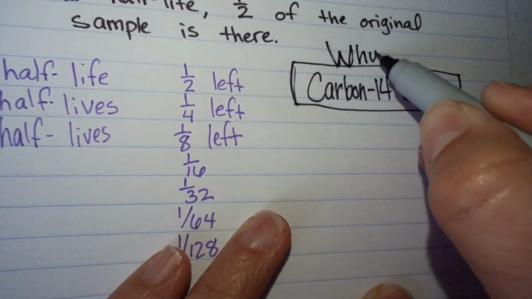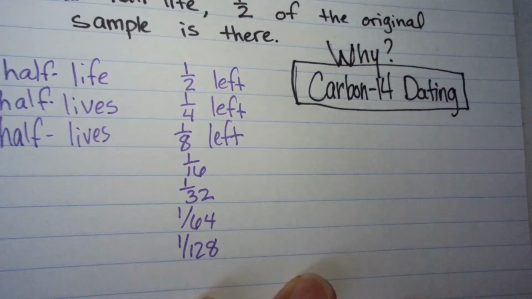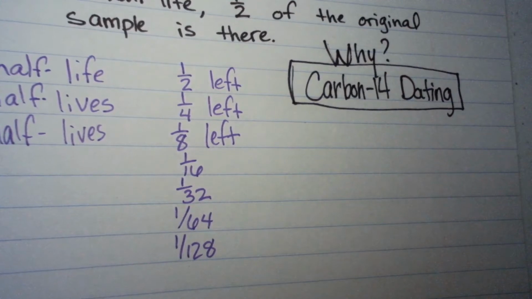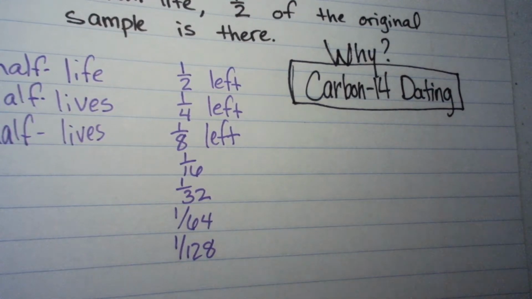Why do I need to know this? Carbon-14 dating. Do you ever hear about how old a fossil bone is, or that this petrified rock is from 1 million years ago, or from history, and wonder how do they know that?